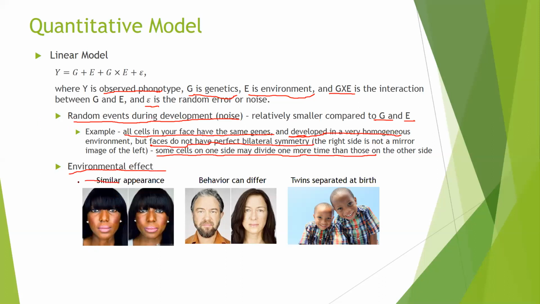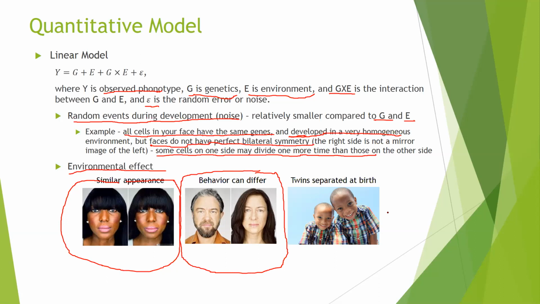If they grow up in the same environment, they will look very similar to each other, right? However, if the twins are separated at birth and grow up in a totally different environment, these identical twins may look quite different. So this example shows how the environmental effect may play an important role in the variability in the phenotypes.